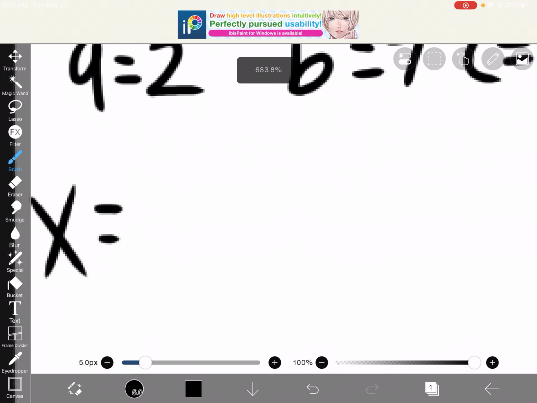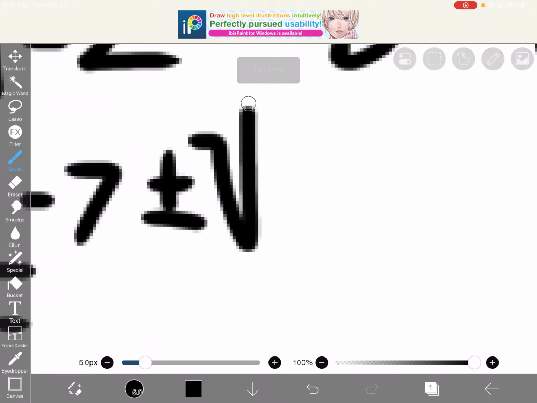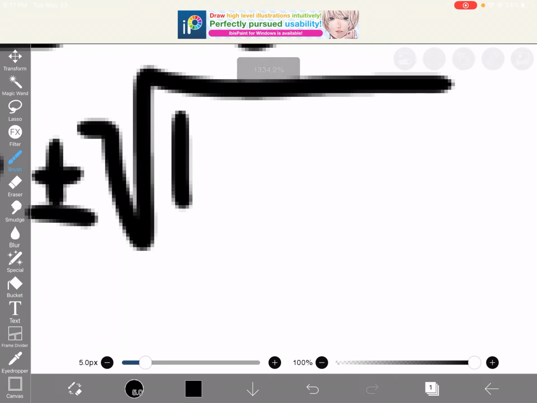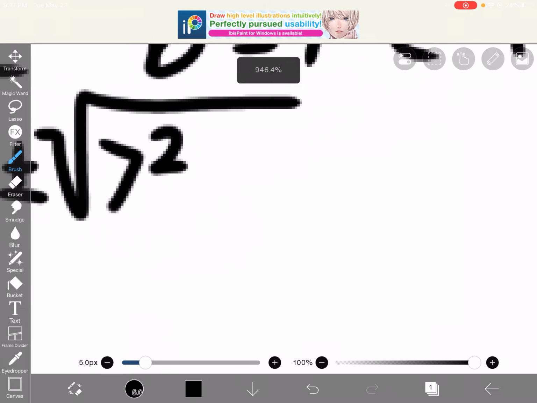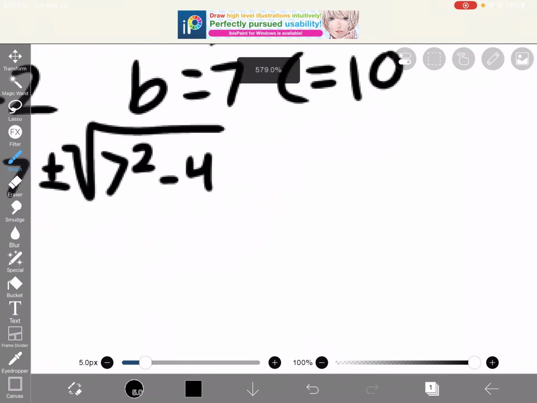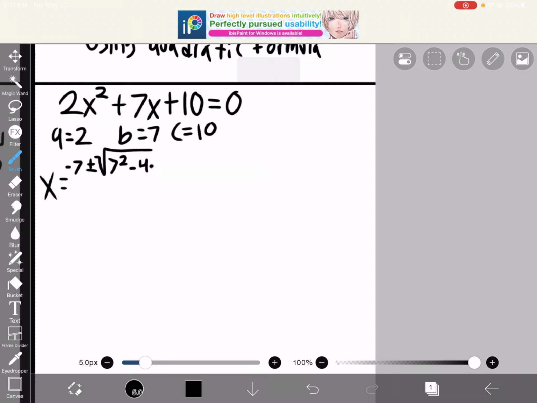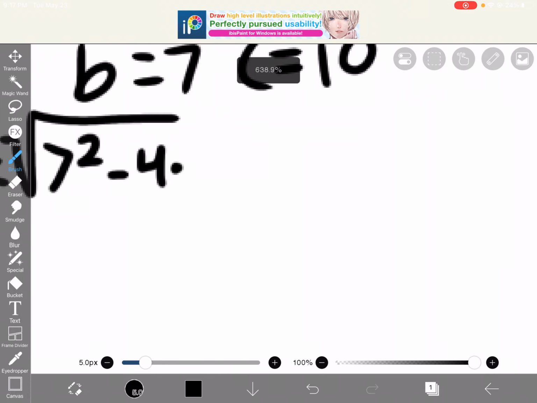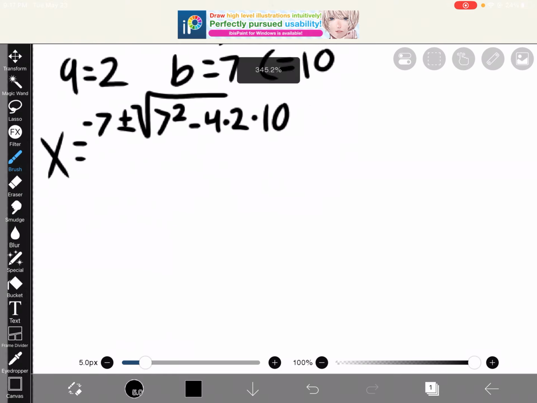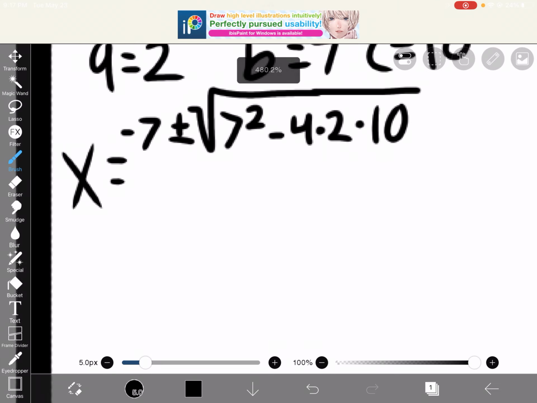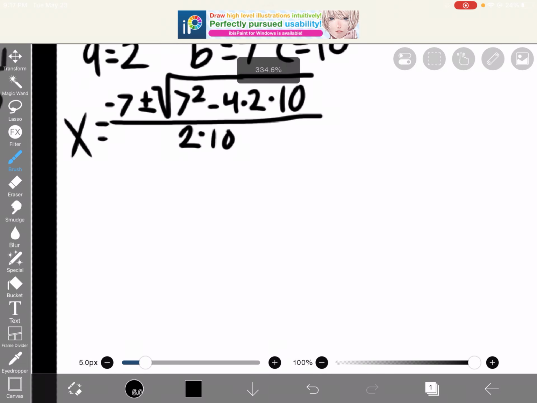That would be negative 7 plus or minus the square root of 7 squared minus 4 times 2 times 10. Let's put that over 2 times 10 at the bottom.